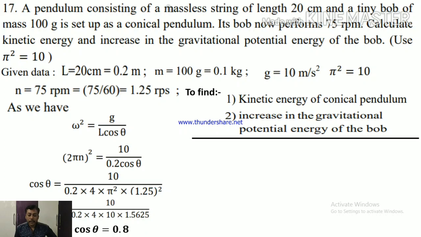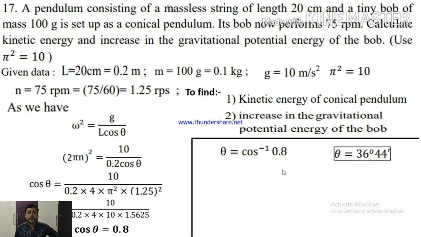So from omega square, first we determine the cos theta here. Now from cos theta, the value of theta is cos inverse of 0.8. That is theta is equal to 36 degree 44 minute.